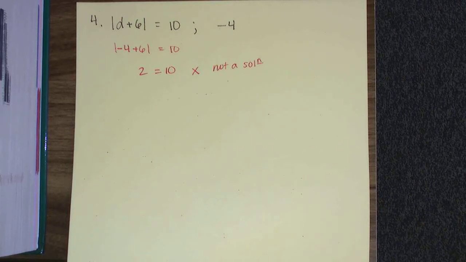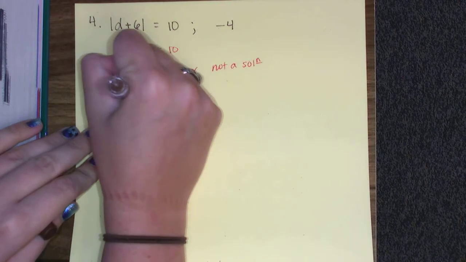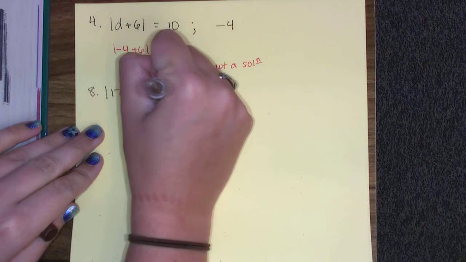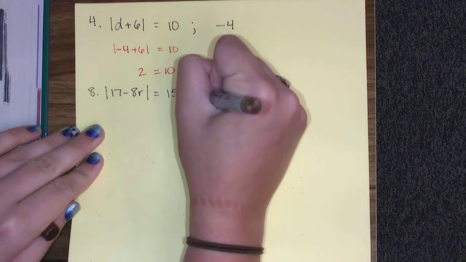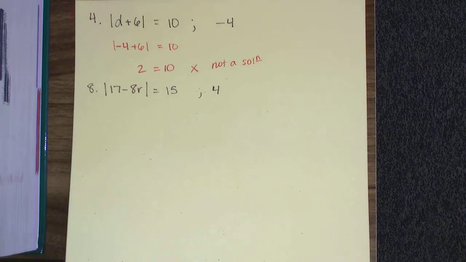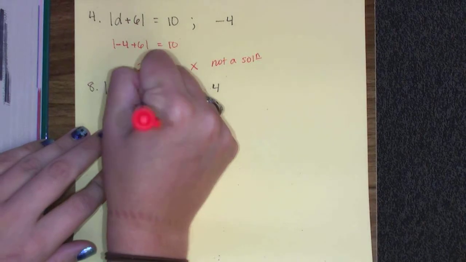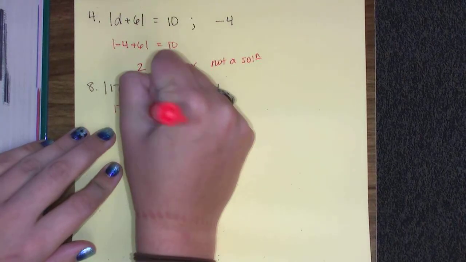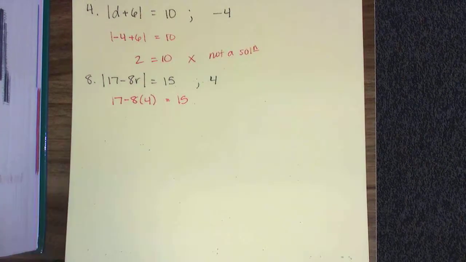One more of those really fast. Number 8, the absolute value of 17 minus 8r is equal to 15. And we're plugging in the number 4. So 17 minus 8 times 4. 8 times 4 is 32. 17 minus 32 is what?